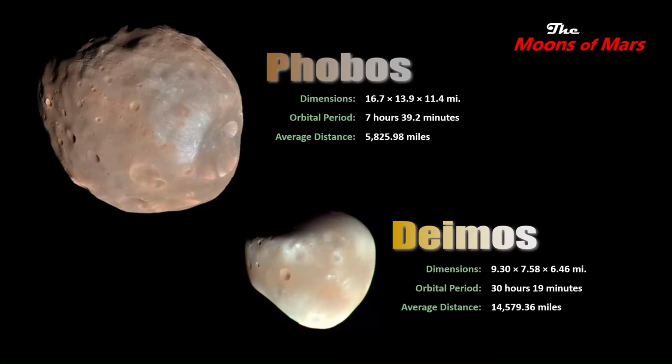It actually gets about 6 feet closer per century. And within 50 million years, Phobos will either crash into Mars or break up and form a temporary planetary ring. But if we're still around in 50 million years, I think we can use tractor beams and tow Phobos to a safe distance. So I think if we have the technology, Phobos will survive.